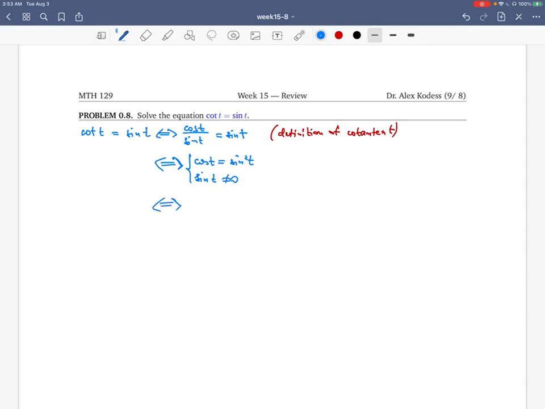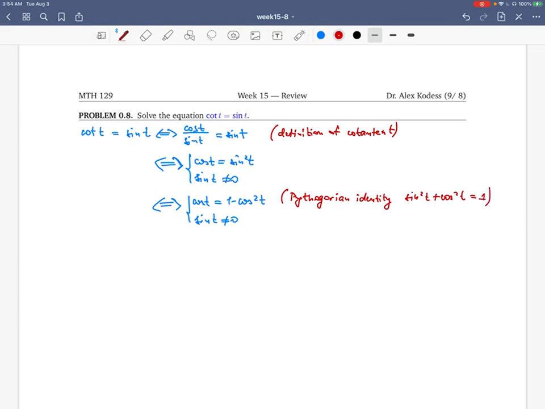That's just the Pythagorean identity: sine squared plus cosine squared equals 1.